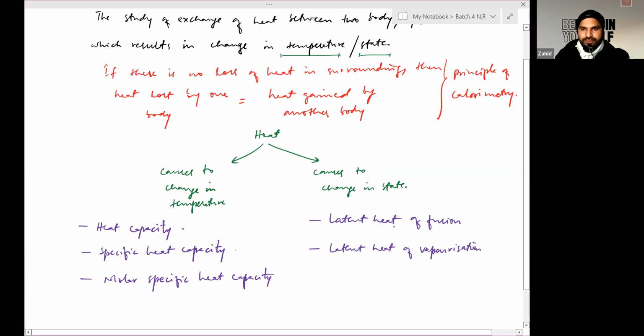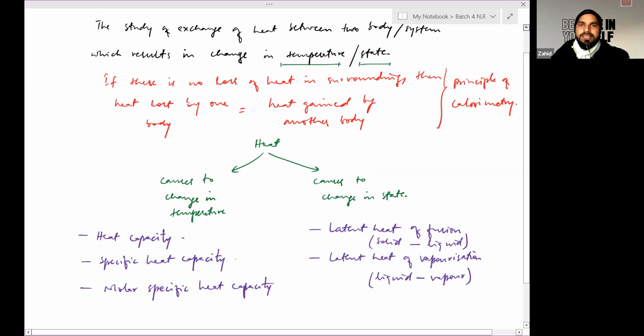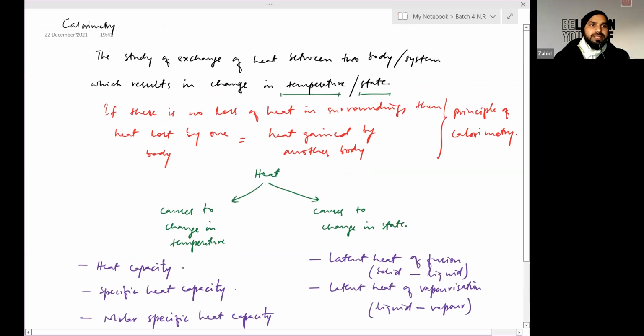Latent heat of fusion is changing state from solid to liquid, and latent heat of vaporization is change in state from liquid into vapor. First, write down this part, then I will define each term.